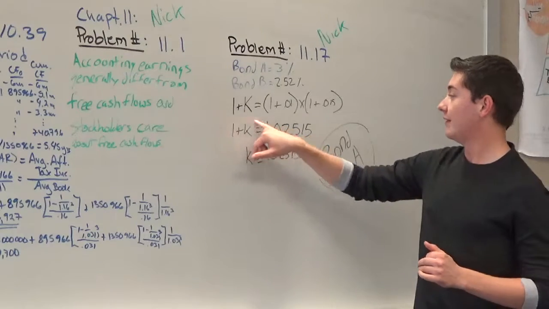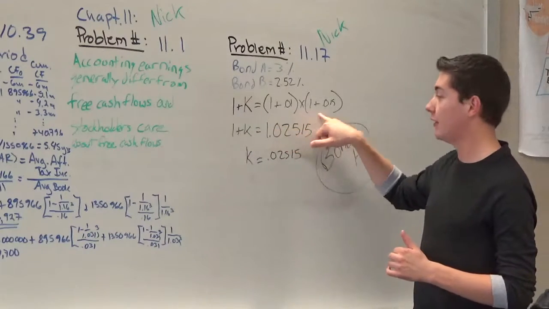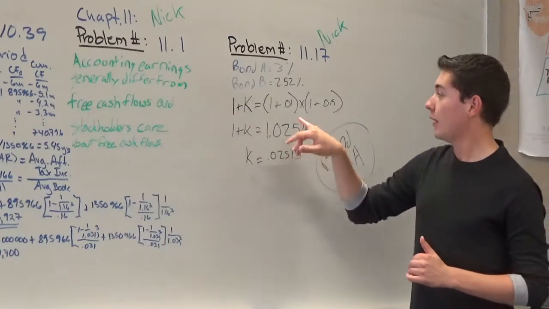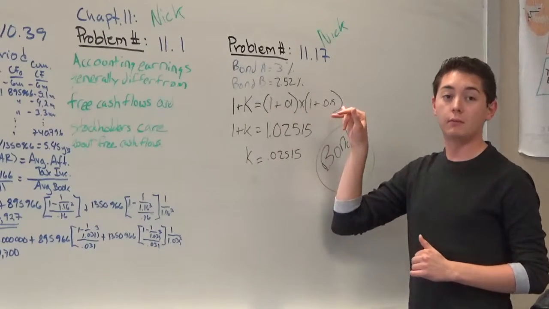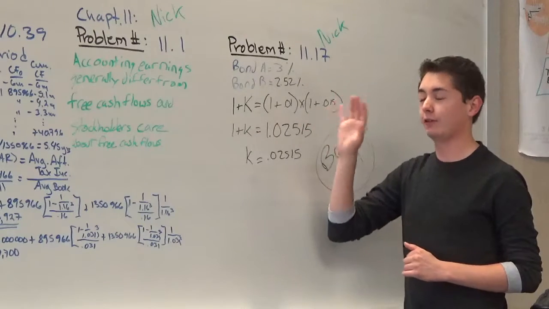So this is, with everything inputted, what the formula looks like. And so this is the amount that's going on top of the interest rate, and this is the interest rate itself, or inflation rate.